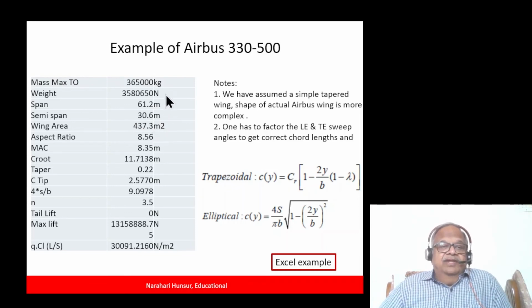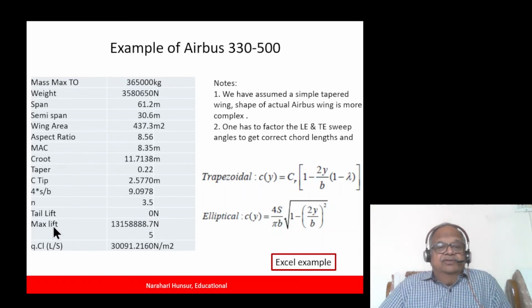Just to give a comparison, the span of Tejas is only 8 meters, while this is like 61 meters. Taper ratio, as I've been telling, is around 0.22 in this case. I have not taken the tail lift. You can include the tail lift also, but since I didn't have the data, I have not included that here.